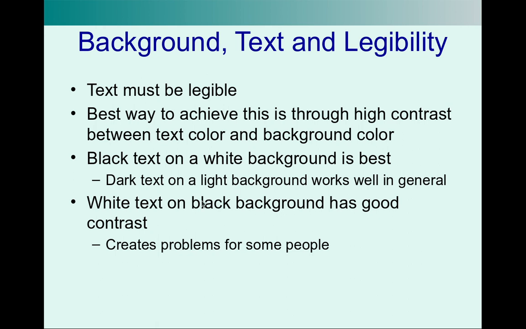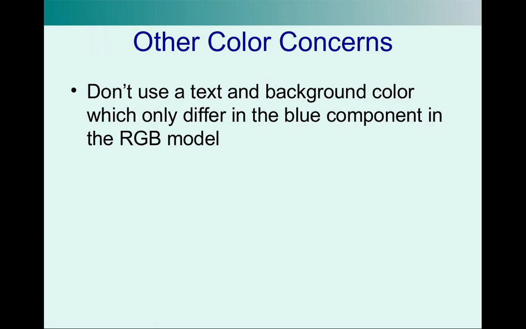The opposite combination of white text on black background has good contrast, but that may create some problems for people with some different disabilities pertaining to their visual systems. So there are some other concerns as well.